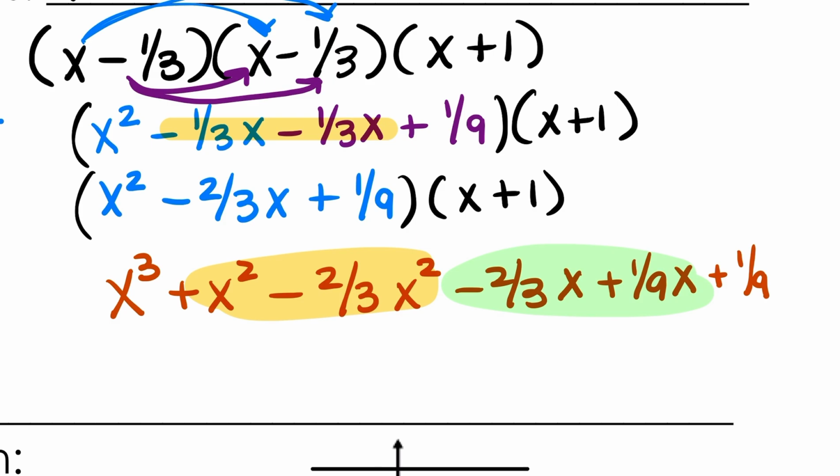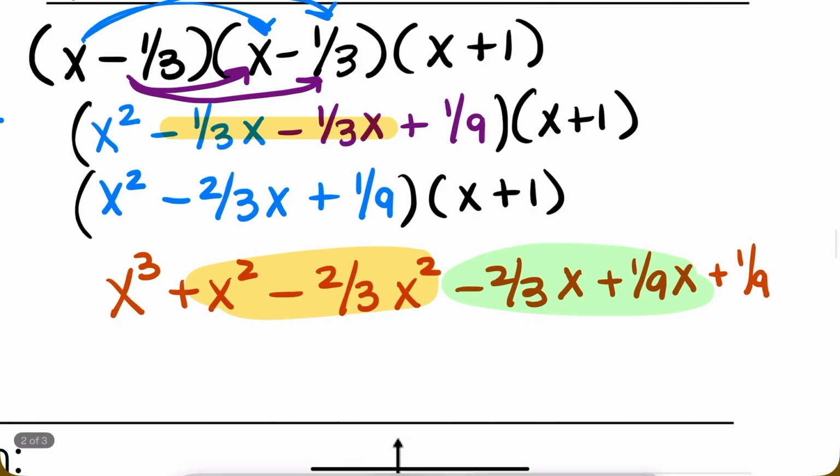So in yellow, x to the second power minus 2/3 x to the second power is the same as doing 1 minus 2/3, right? Because the coefficient here is 1, and we're subtracting 2/3. 1 minus 2/3 is 1/3. That's a positive 1/3, by the way.